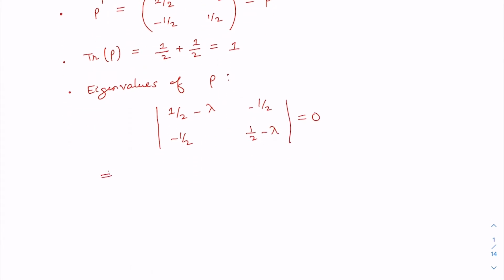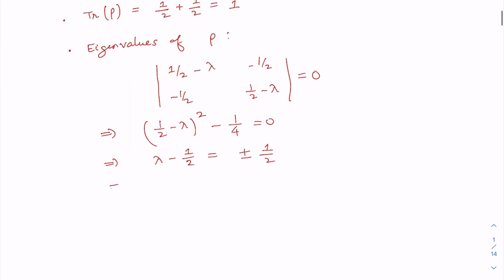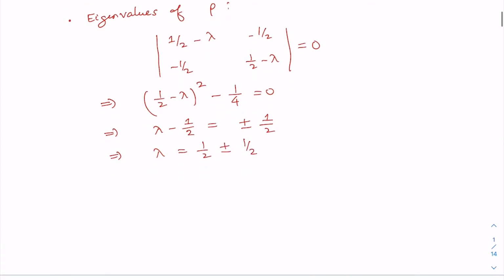If we solve it, we get half minus lambda whole square minus 1 by 4 equal to 0, or lambda minus half is equal to plus minus half. So lambda is equal to half plus minus half. This yields eigenvalues lambda 1 equal to 0 and lambda 2 equal to 1. As you see, the eigenvalues are real, so it implies that rho is a valid density matrix.